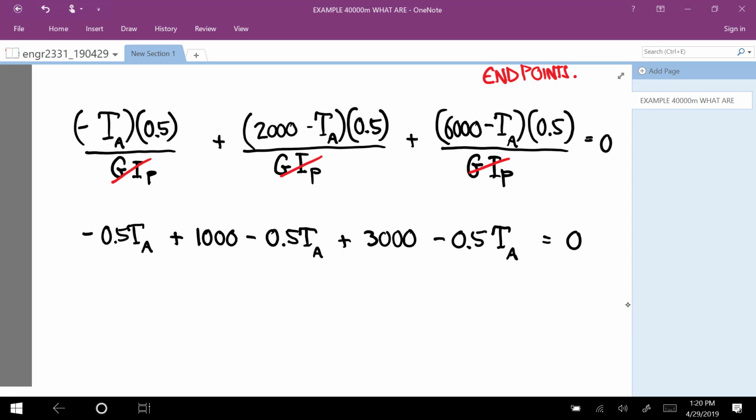And we can write this as 1.5 TA is equal to 4,000. And so that is 8/3 thousands.